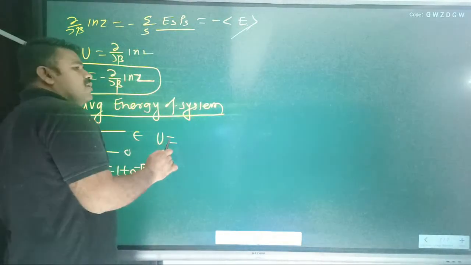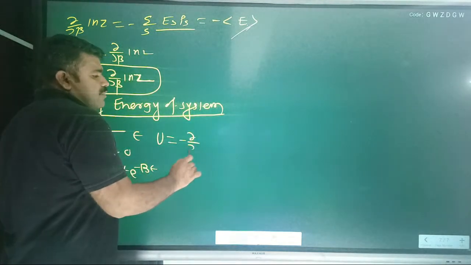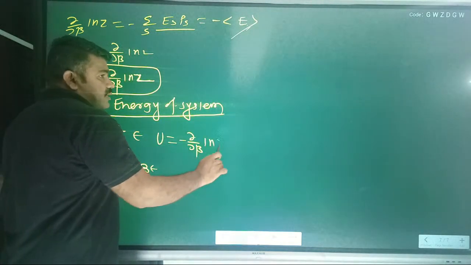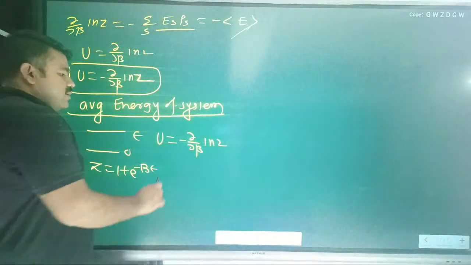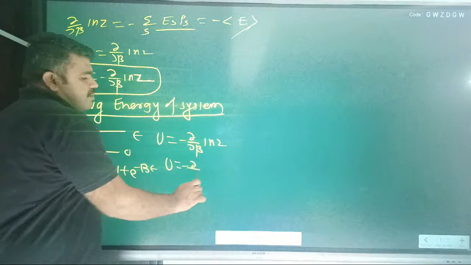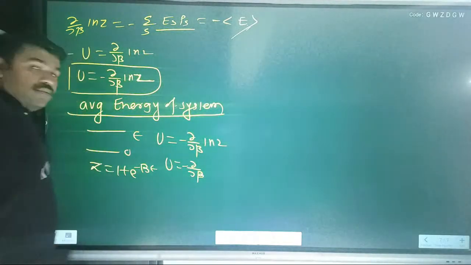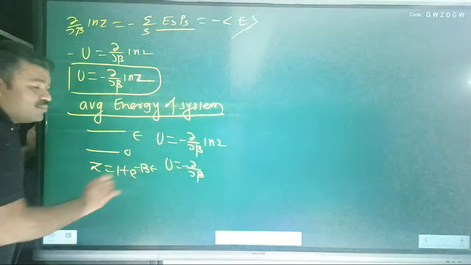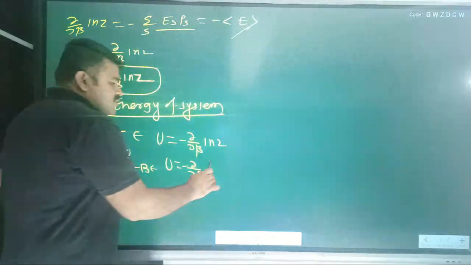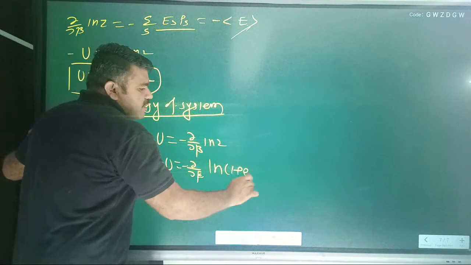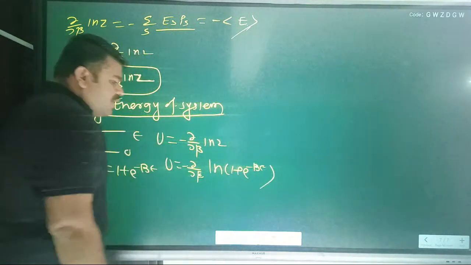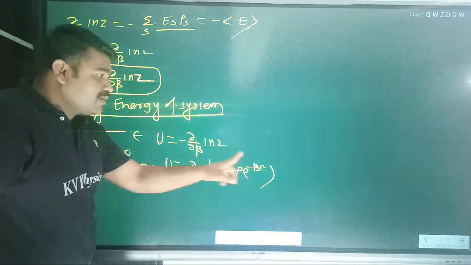What is the formula for average energy? Minus ∂/∂β ln z. U is equal to minus ∂/∂β of ln z. What is the value of z? z is 1 plus e to the power minus beta epsilon. So this is ln of 1 plus e to the power minus beta epsilon. We take the derivative with respect to beta, not energy.